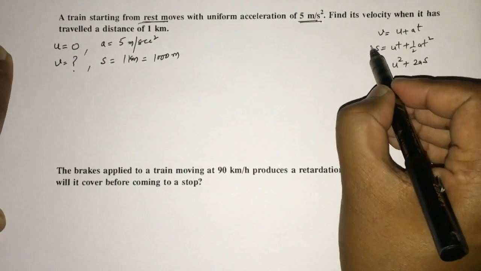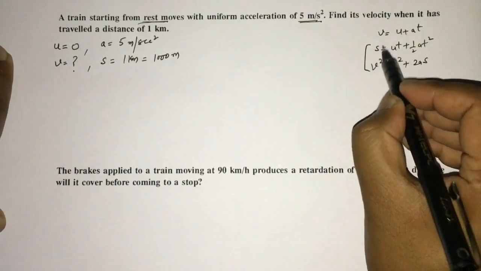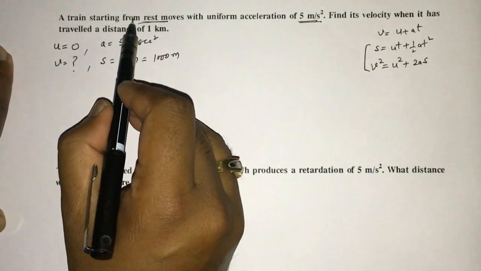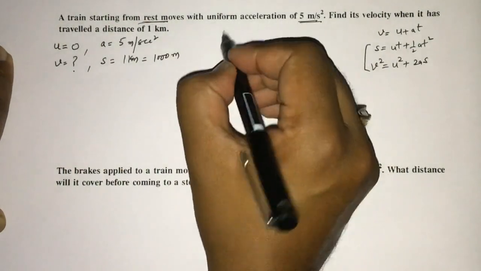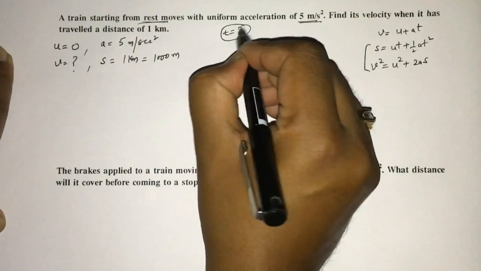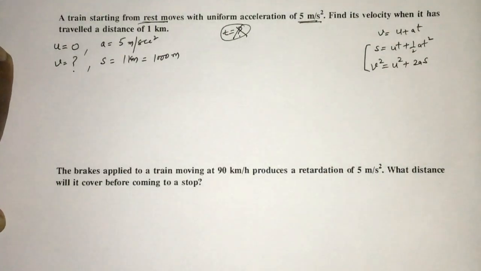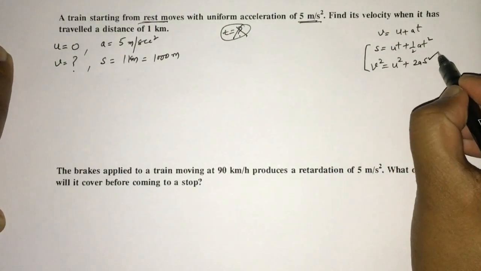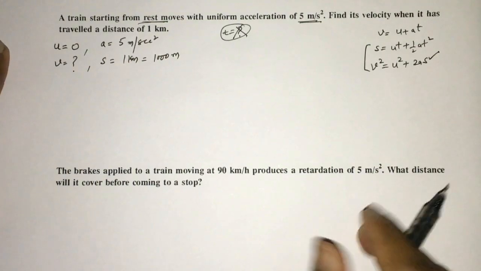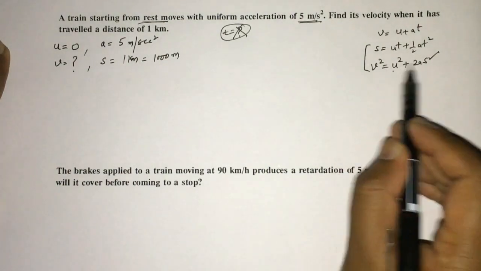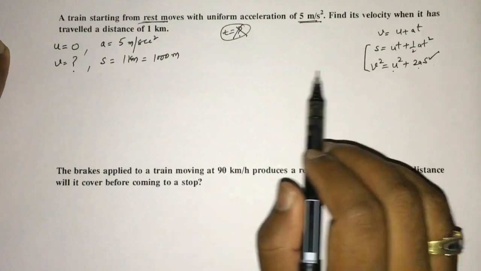In these two equations we have distance, but in the question we don't have time. So we will use the third equation of motion, in which we have the value of u, the value of a, and the value of s.